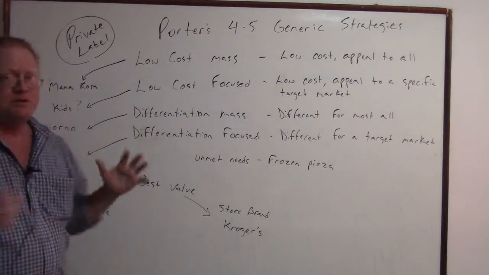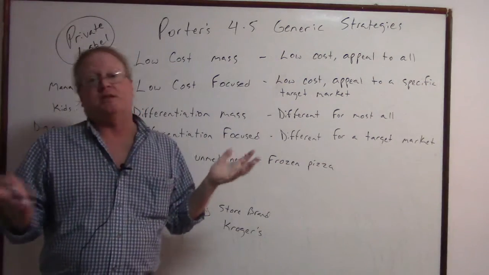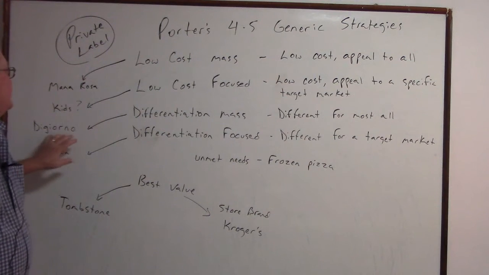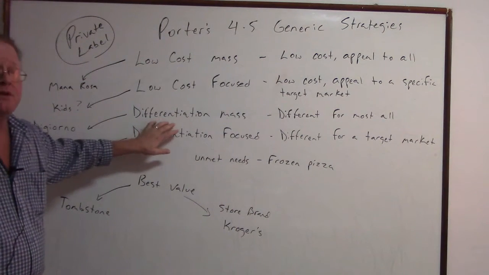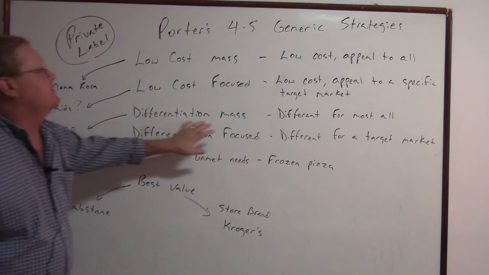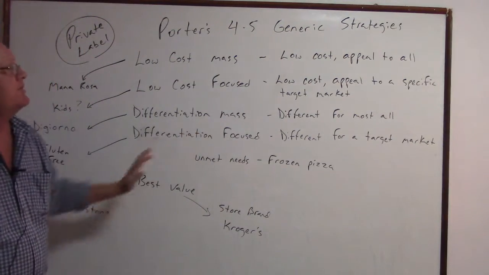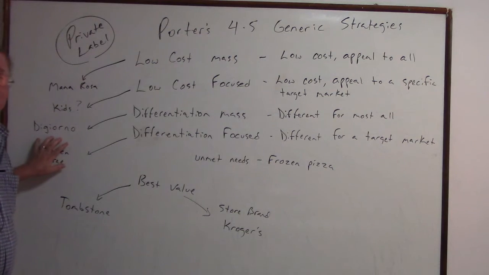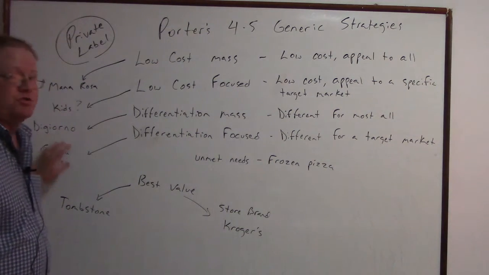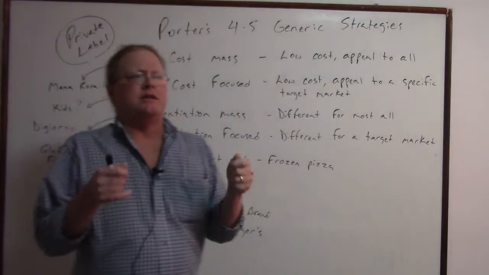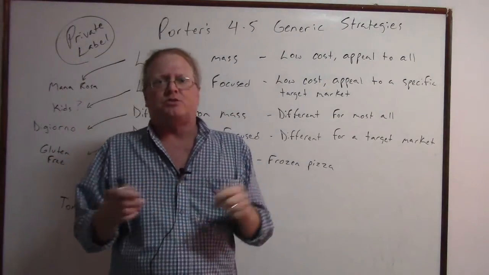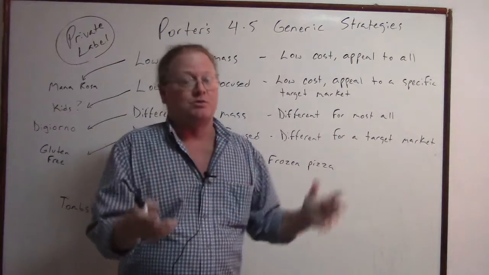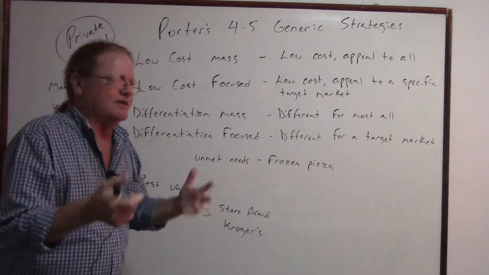So maybe the brand is a clown or something that kids would find attractive. Now, the next example I have for frozen pizza is differentiation for mass, to be different for most all people. And the example I come up with, maybe you've seen the commercials, is DiGiorno pizzas. It's a little bit upscale, it's special, and I think it bakes just like it was delivered. It might even rise in the oven.